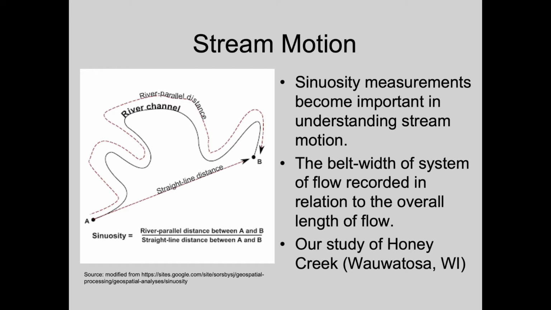So in this case, when you take a look at the diagram, you can see a point A and a point B. One of the first recordings that we have to take is the overall length of that flowage. And then we run a line parallel to the actual flow itself. This will include any meandering that occurs.